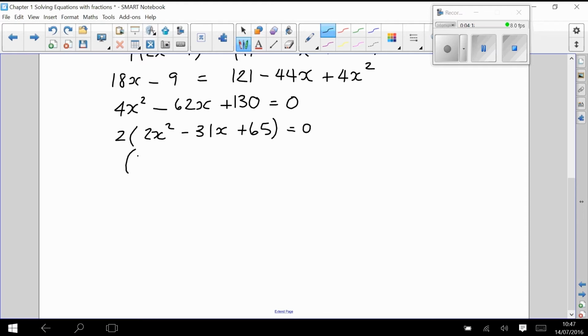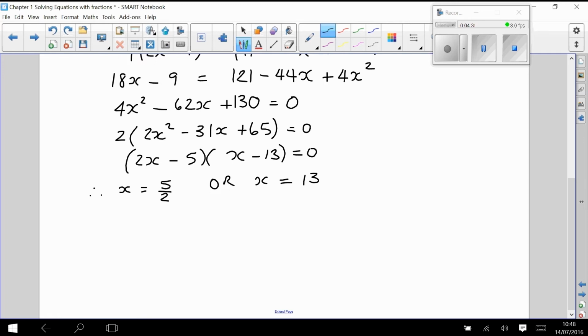Using this trinomial method, I'm going to get 2x minus 5 in my first bracket and x minus 13 in the second. This means that the two possible solutions are x equal to 5 over 2 or x equal to 13.